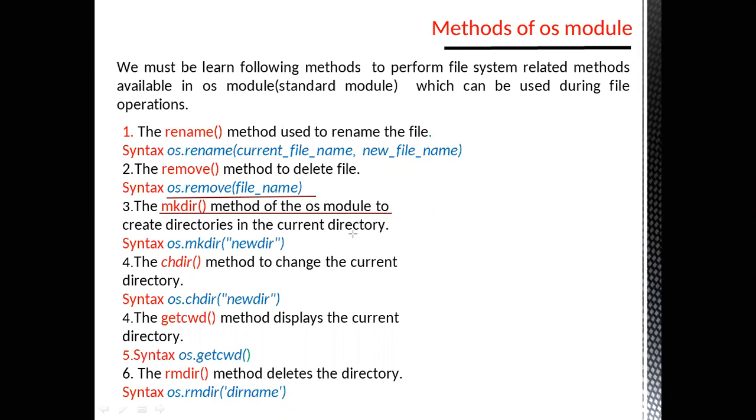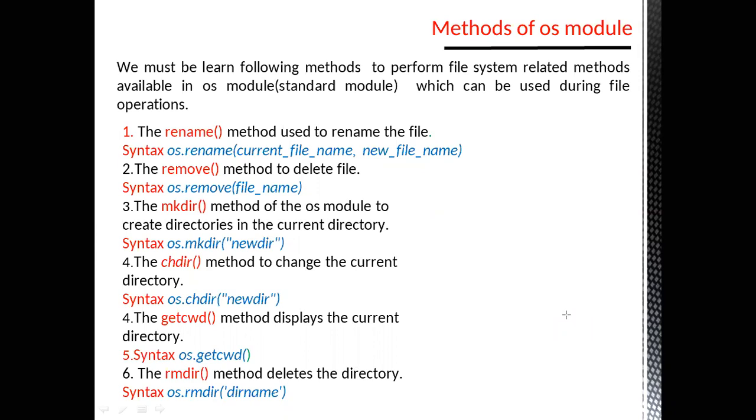Then again os dot mkdir, then the name of the new directory. The condition is that this name does not already exist. If it exists, then it will show an error, meaning this directory already exists.